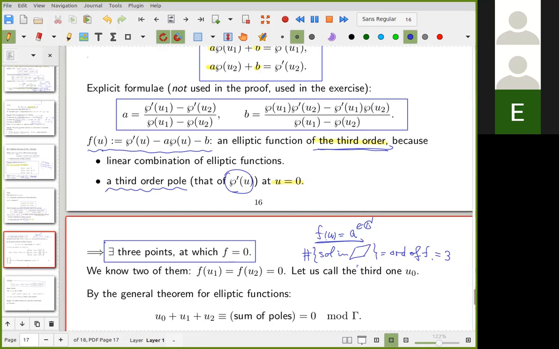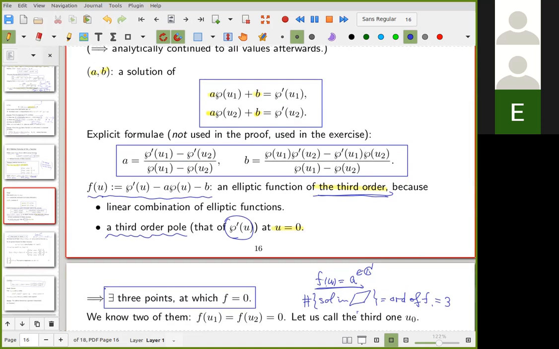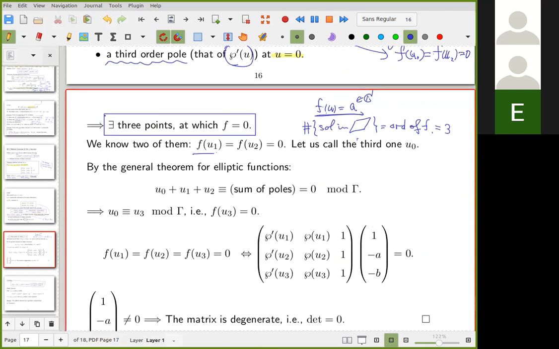Well, by definition and this relation, u1 and u2 satisfy this relation. So there should be another solution.